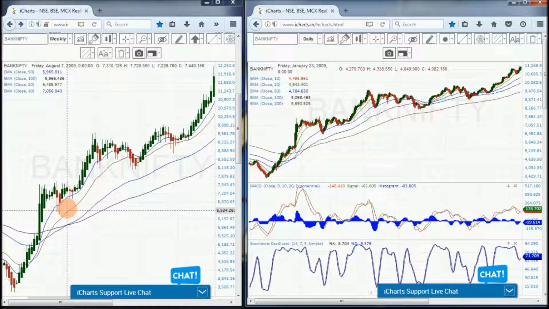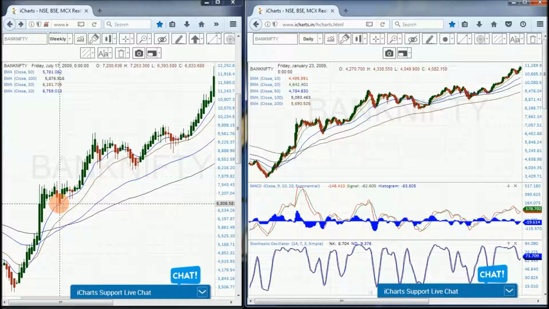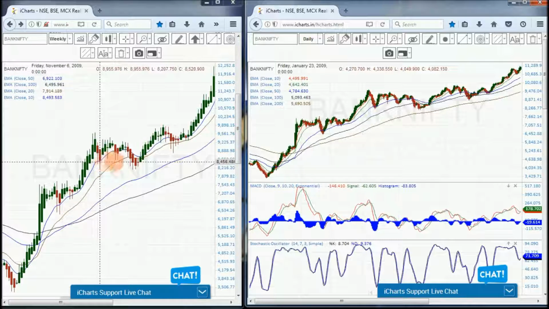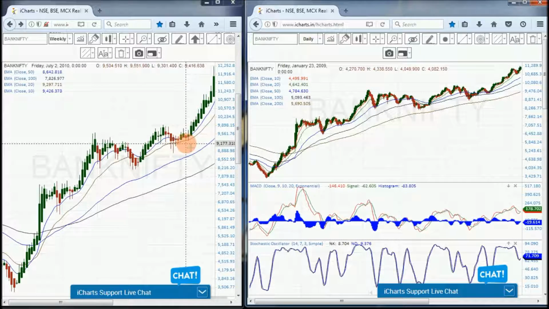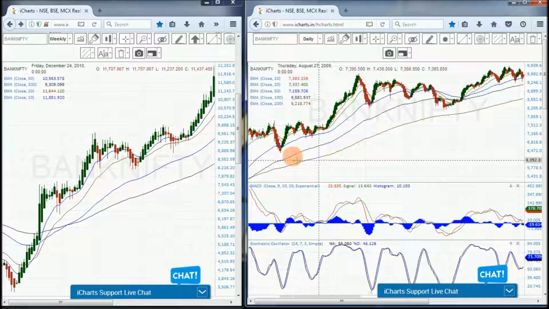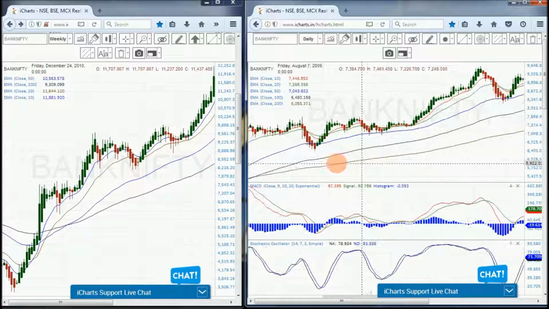So at each of these positions where the price has moved back after a rally to the EMA lines, okay, I have drawn the 10 period EMA as well for reference. So at this point, this, and maybe this, and then consequently this also, at each of these positions you will see there has been a reaction in the daily charts.